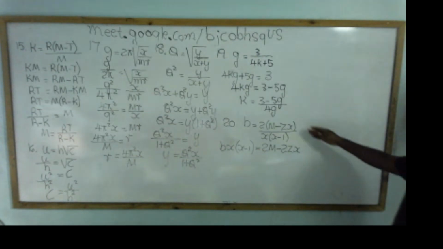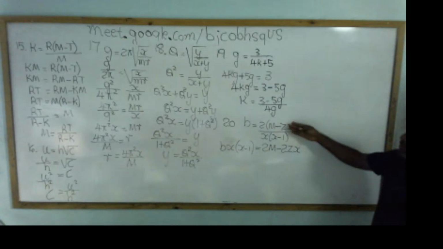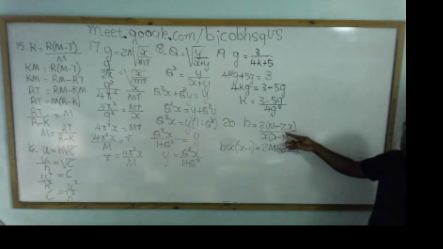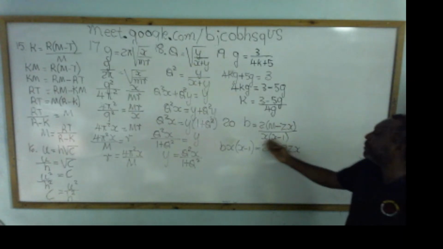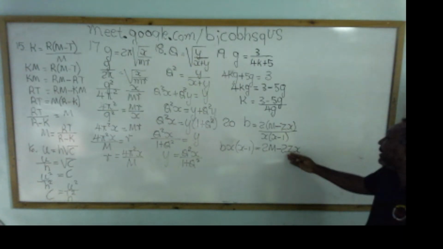Just by looking at this, you imagine that this space could never be enough to solve this problem, just because it is cumbersome. So I hope that you have seen that all that we have done is multiply there and expand the brackets. That's all we have done.